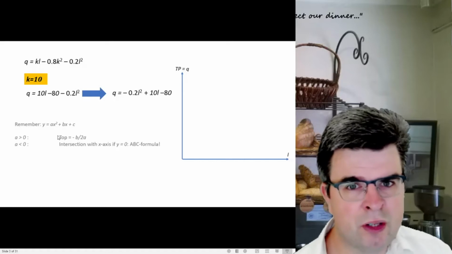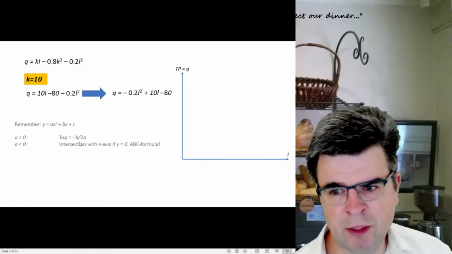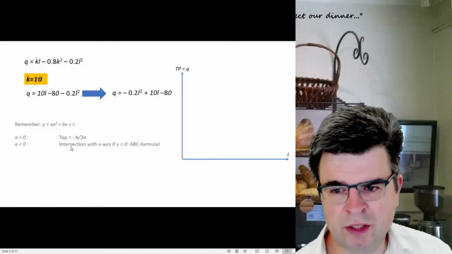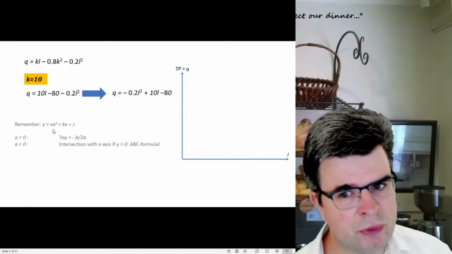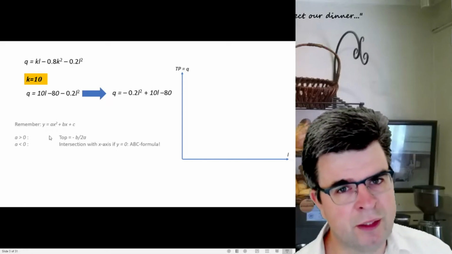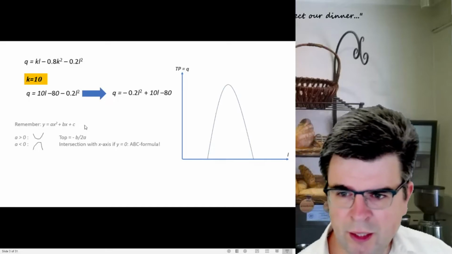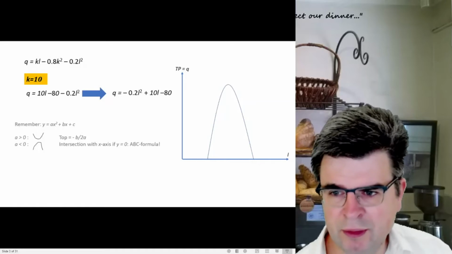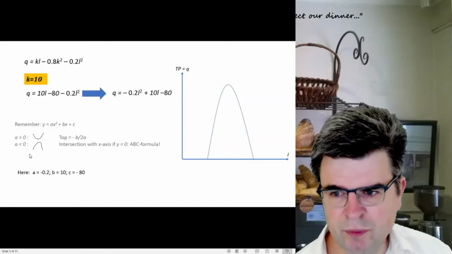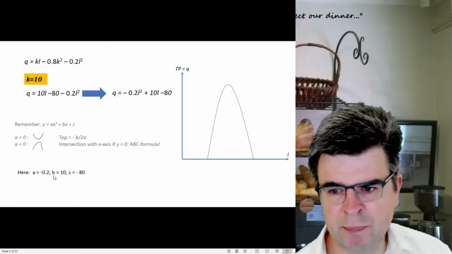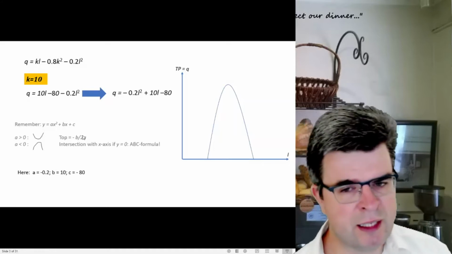And you also know that the top of such a curve is at minus b divided by 2a, and the intersection with the x-axis, so where y is equal to 0, the solution to that you find by using the ABC formula. So in our case, we know that a is minus 0.2, so it's negative. So we have an inverted U shape, b is equal to 10, and c is equal to minus 80.